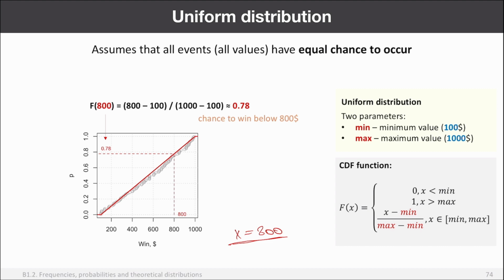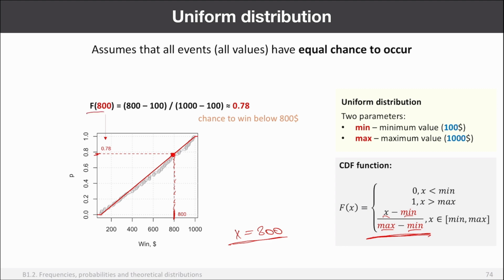But now let's calculate the theoretical value. How do we do that? Well, for a given x, we need to find the corresponding 0.8, which lies on this theoretical line, right? So we know the equation of the line, we know x, we know min, we know max, we know everything we need. So we simply do the calculation.